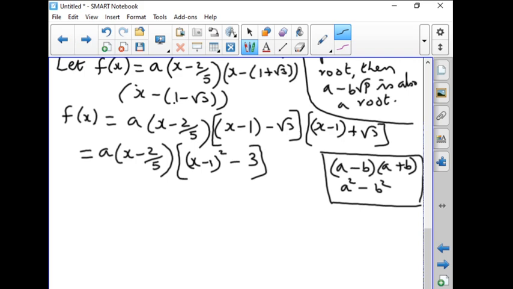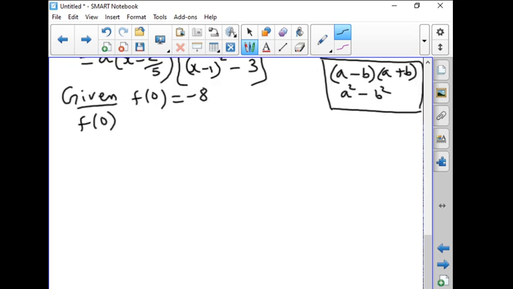Okay, so now given f of 0 is equal to minus 8. So for f of 0, in the place of x we have to put 0.